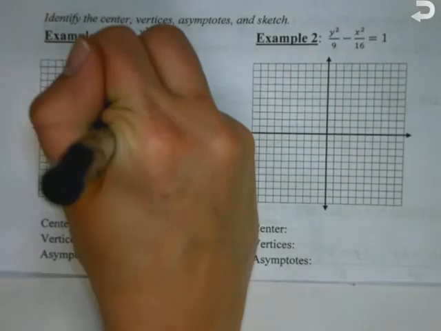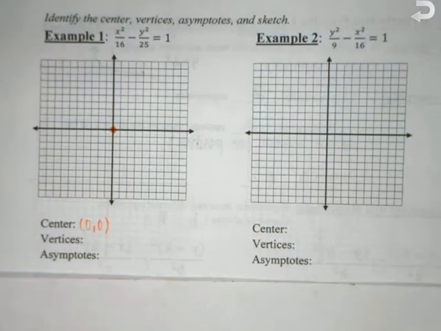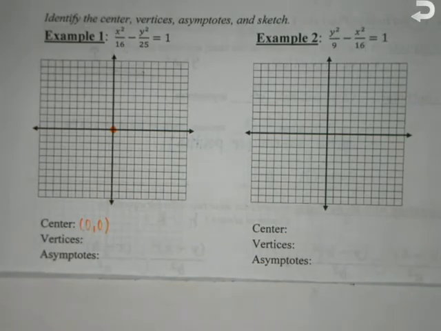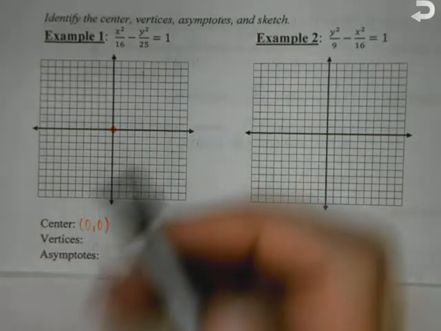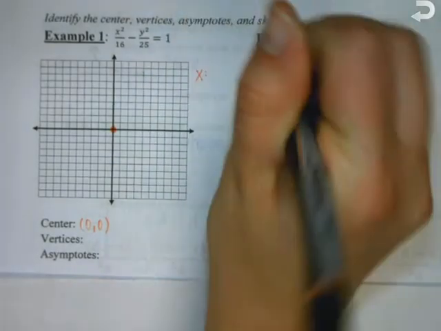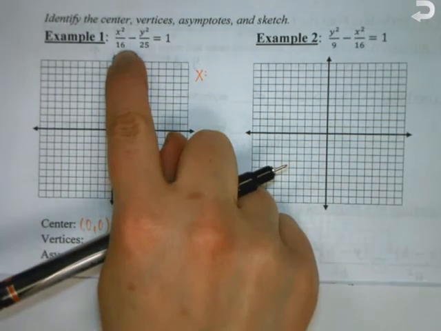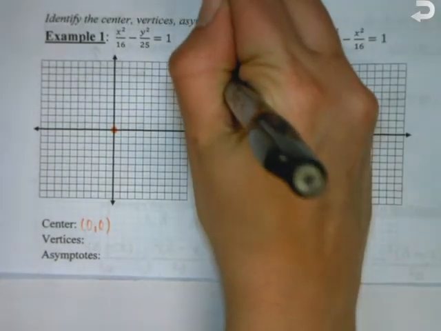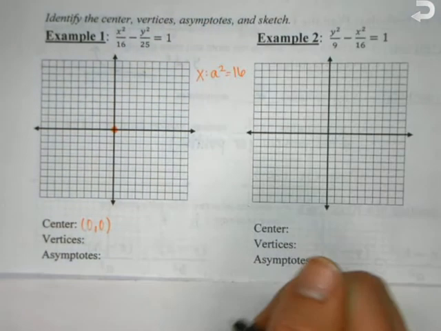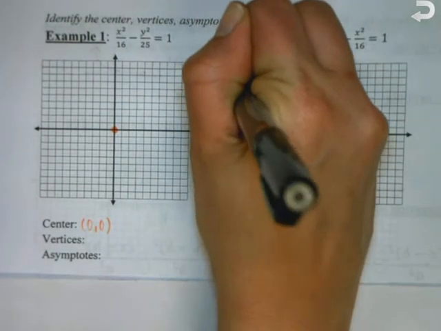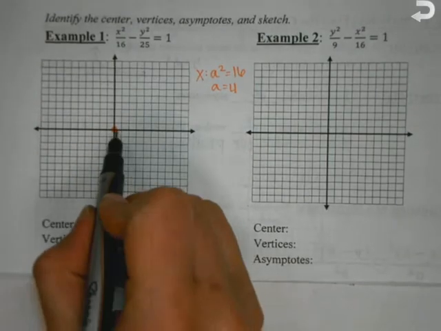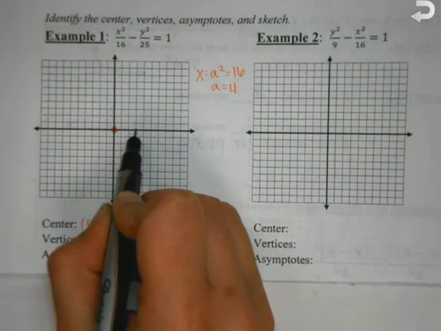Okay, and then just like an ellipse, we're going to have to find how much I go in the x direction and how much I go in the y direction. So x's a squared is equal to 16, so a is equal to 4. So we're going to go right 4 spaces, 1, 2, 3, 4, and left, 1, 2, 3, 4.